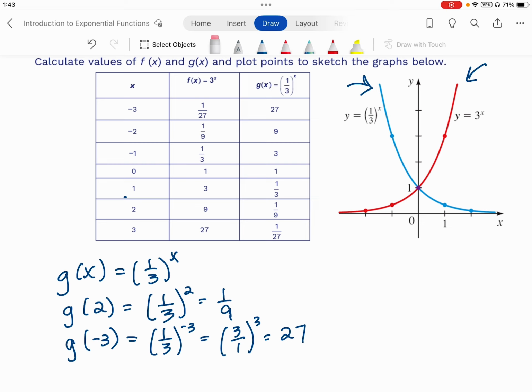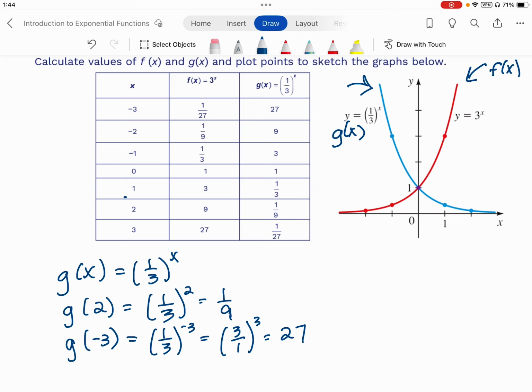So anyways, back to what we were talking about before. Notice here this f of x graph is a growth. As the x values increase, my y values are also increasing. But then notice g of x is a decay.